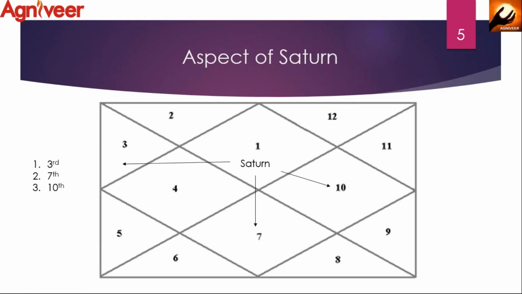Saturn is considered to be a Karam Karak, a planet which is a significator of all your karmic debts. And the third house is considered to be the house of your efforts, your courage, the effort that you put in towards making the skills that you have acquired.